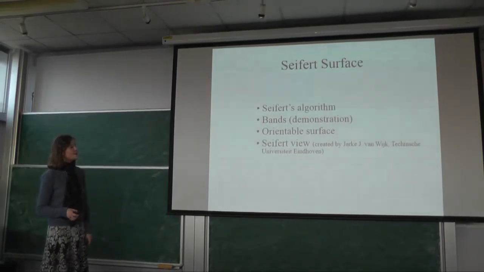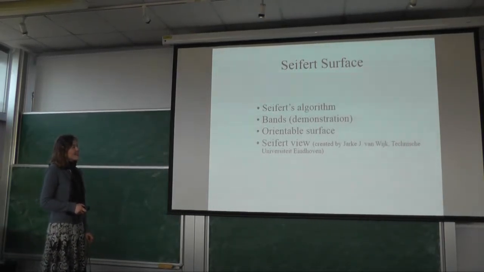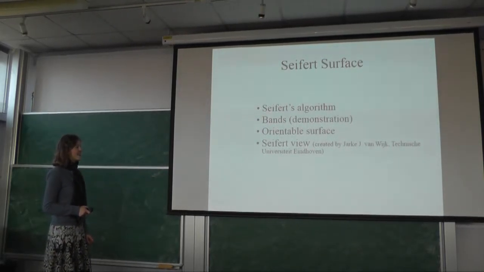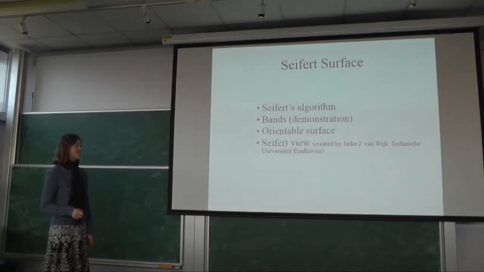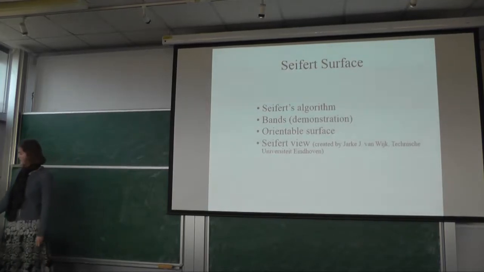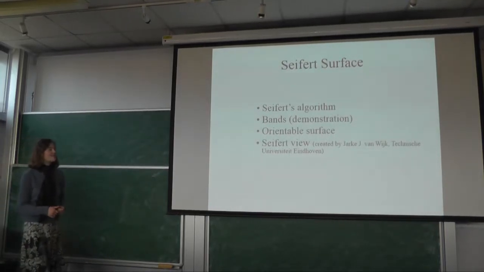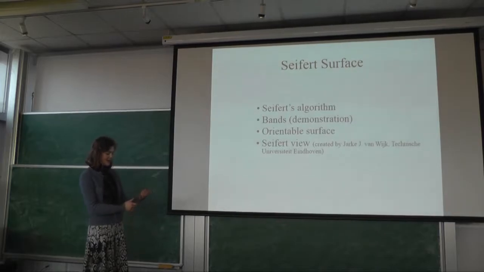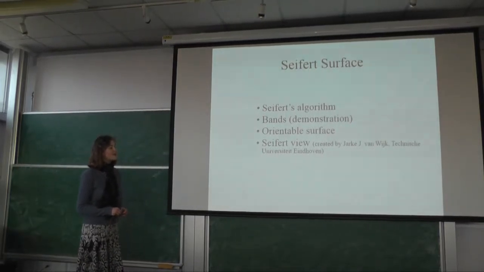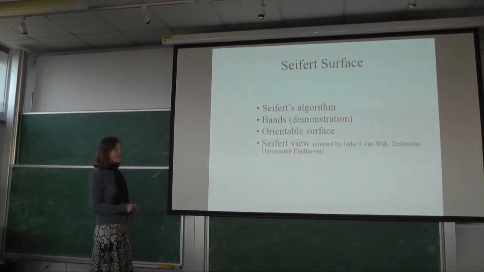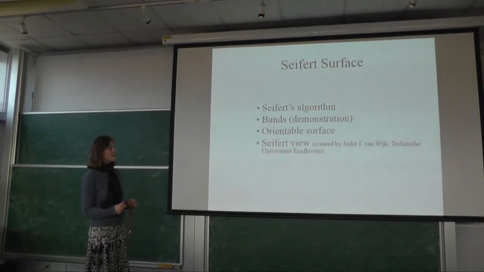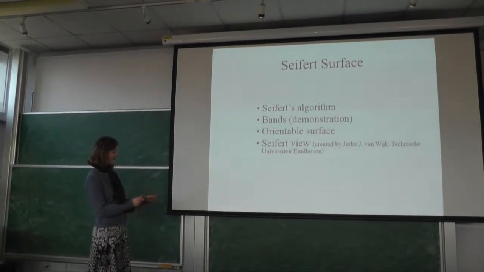Okay, so the Seifert matrix is found from the Seifert surface, and the Seifert surface is found using Seifert's algorithm. So Seifert's algorithm starts off by finding paths around the knot, and whenever it gets to a crossing, it decides to follow the strand that it wasn't following originally.